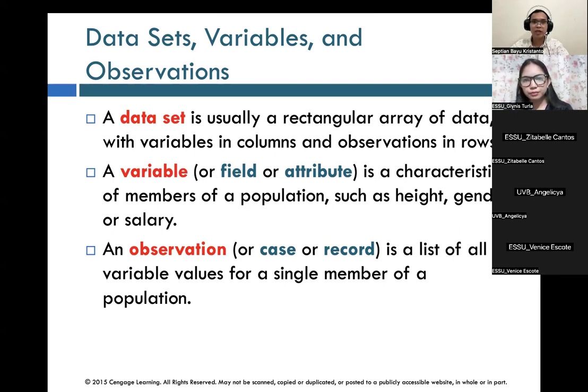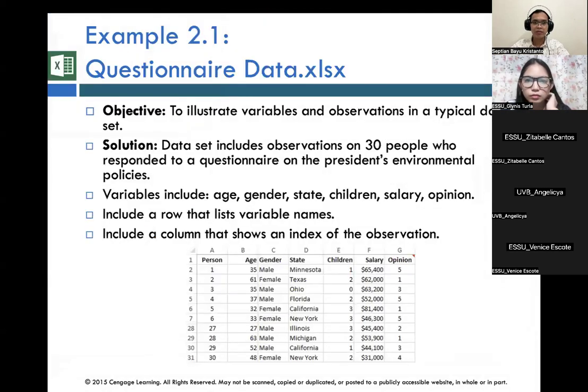It could come from the number of populations or maybe from samples. For example, we have lots of variables like age, gender, or salary, but they have a difference or a random number that should be observed in your data. We can show it like this. If you are learning about data like this, we have persons number 1, 2 until 30.